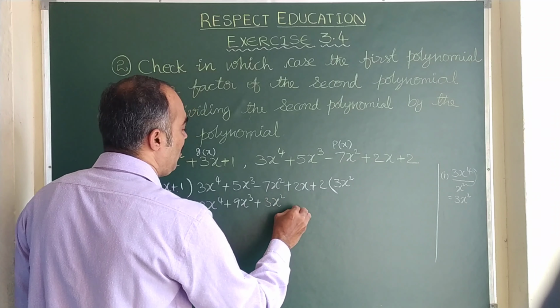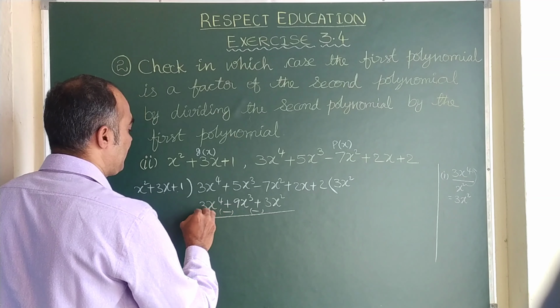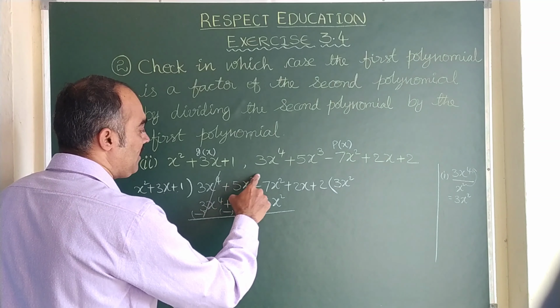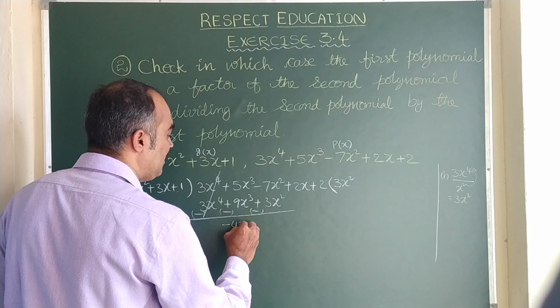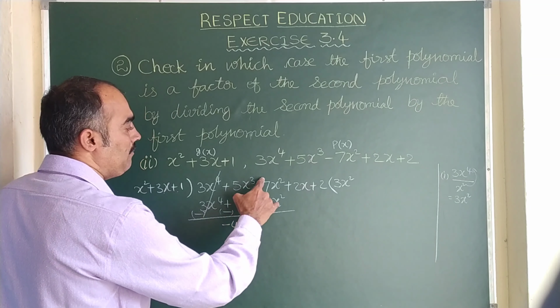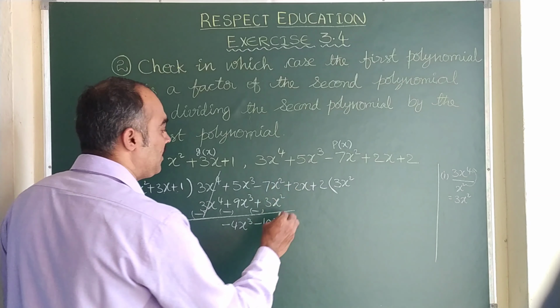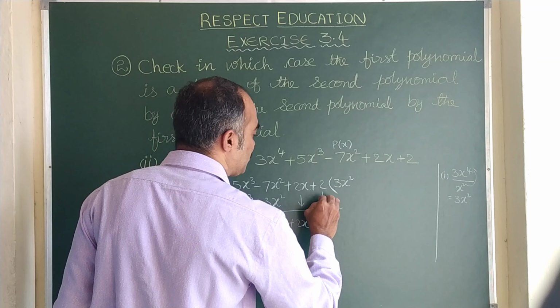So here on subtraction we change the symbols. Now here 3x^4 minus 3x^4 get cancelled. 5x^3 minus 9x^3, 5 minus 9 is minus 4, let us write x^3. Minus 7 minus 3 is minus 10, let us write x^2. Now drop plus 2x and then plus 2 also.